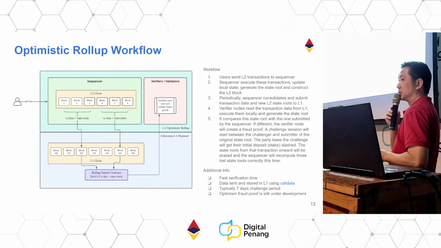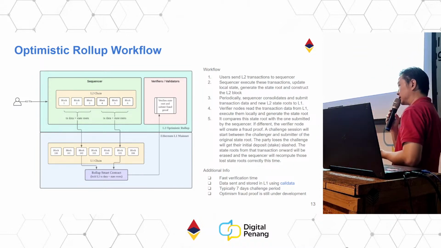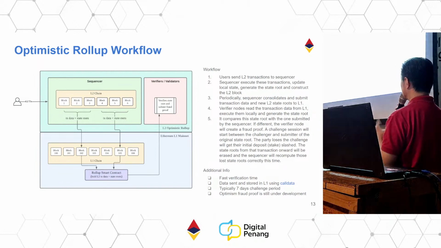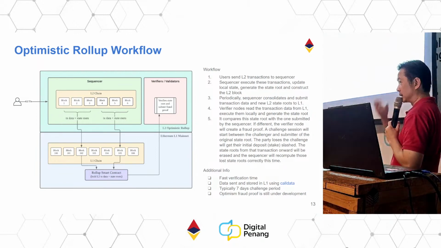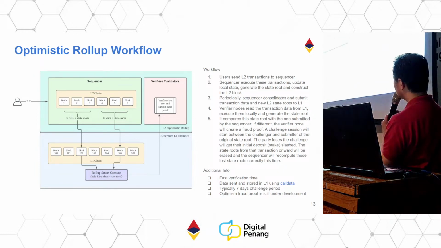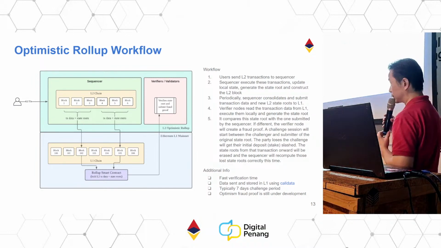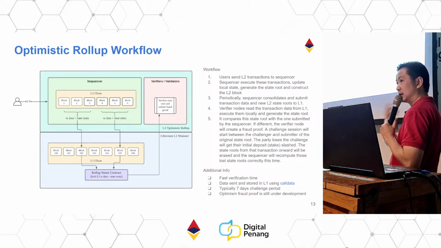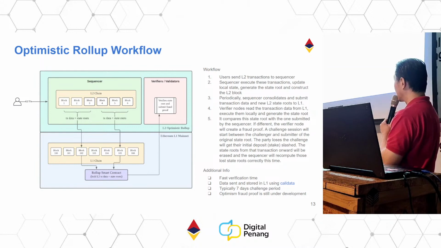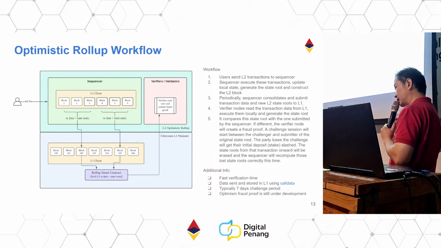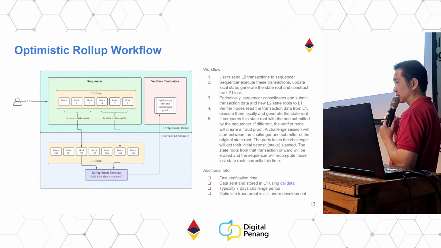The role of a sequencer is to accept the transactions from the users, execute the transactions, update its own state, and then generate the state roots, right? It continues to do that, accepting hundreds or thousands of transactions.